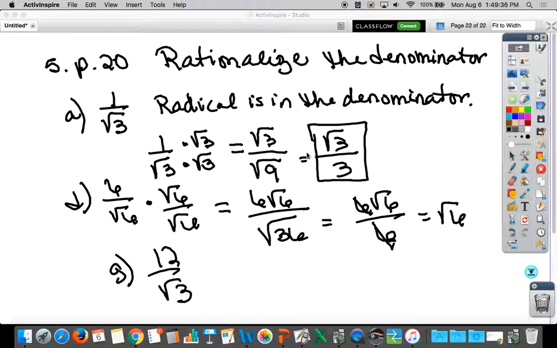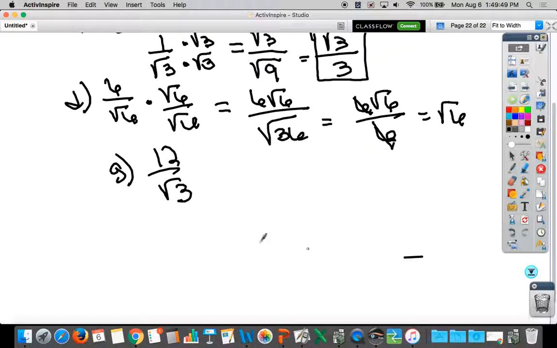All right, let's go ahead and put it back up out of the way. All right, y'all go ahead and finish G if you need to finish G. No calculator.